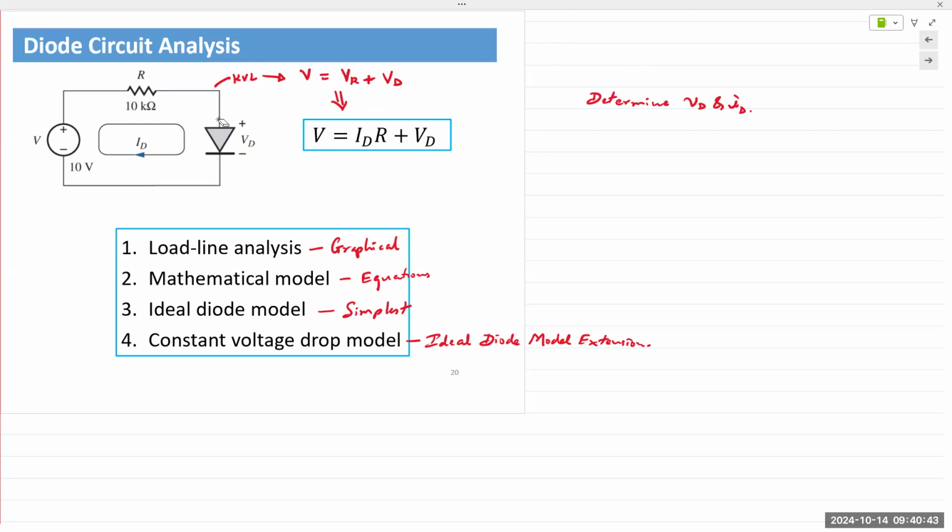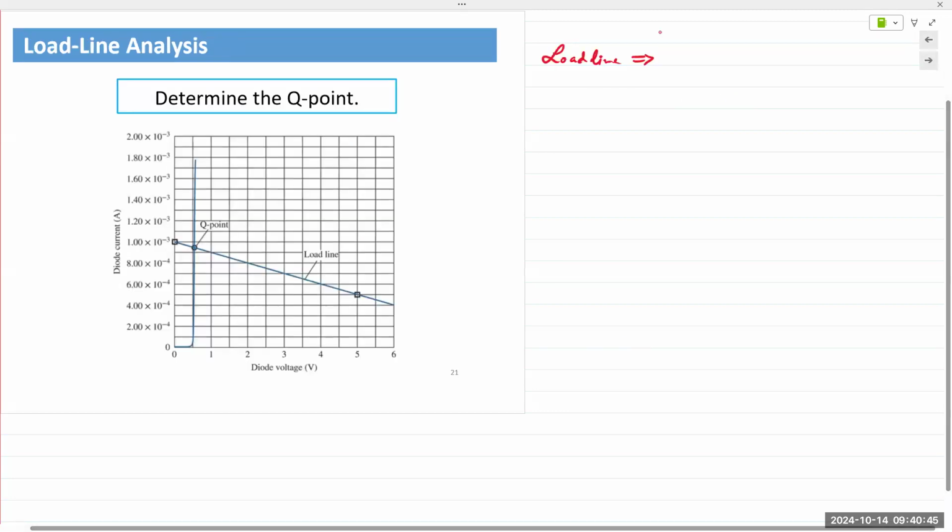Load line is the graphical representation of the external circuit that you plot on the diode characteristics. It illustrates the constraint placed on the diode by the external circuit.